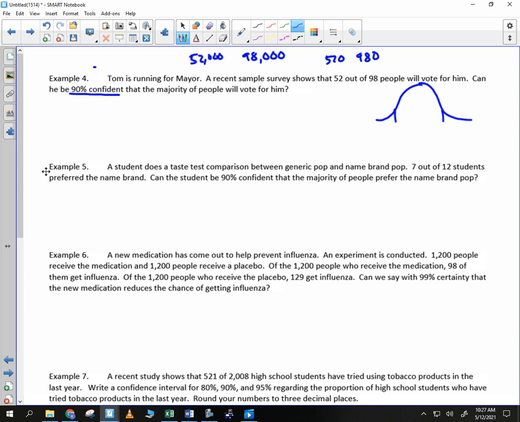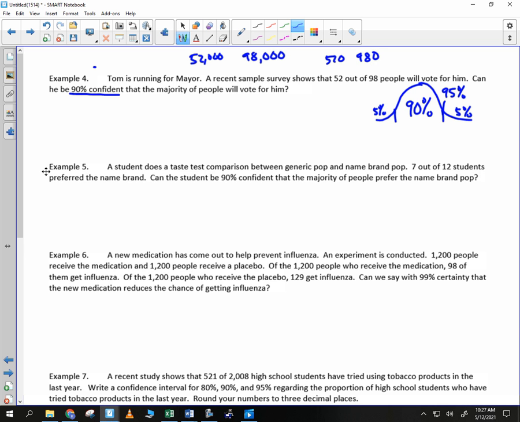What goes in the middle? 90%. What goes on that side? 5 and 5. So what is this mark right here? 95%. I need a z-score that goes with 95%.